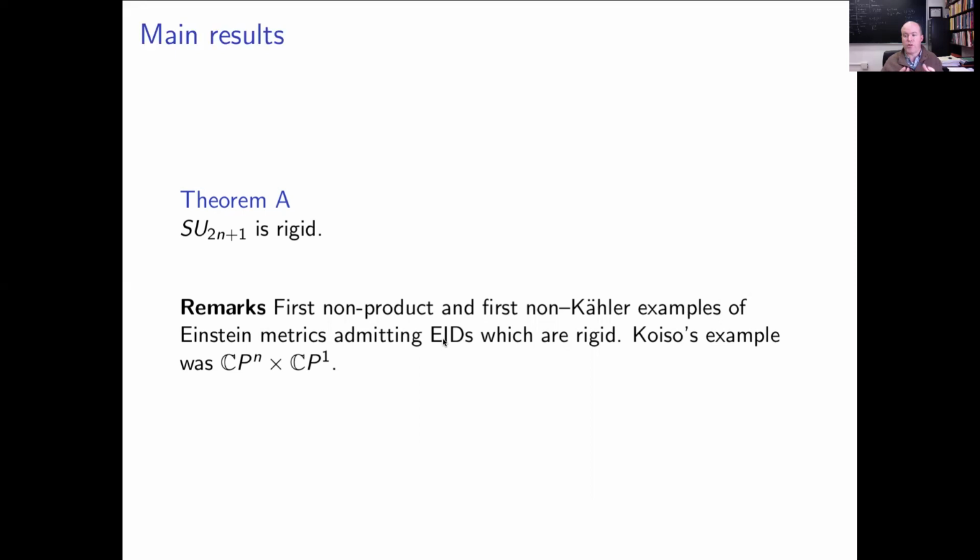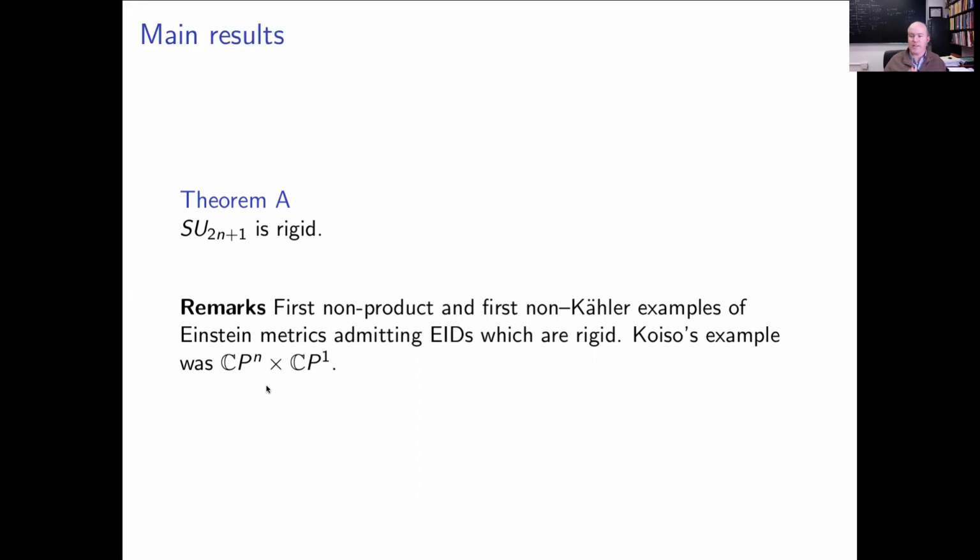That means that there are directions which to first order look like deformations through a curve of Einstein metrics. In that situation, does such a perturbation correspond to an actual smooth curve of Einstein metrics passing through that point? That's the sort of question. And that's why this is a very well-known example, because this manifold does admit essential infinitesimal deformations.